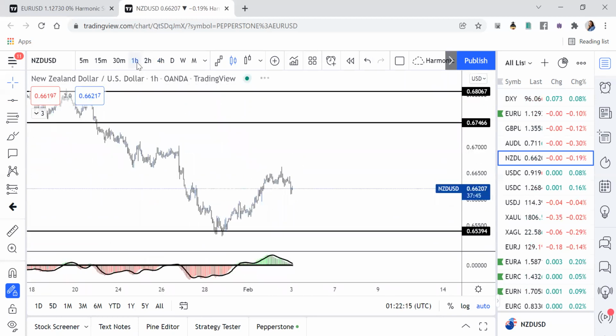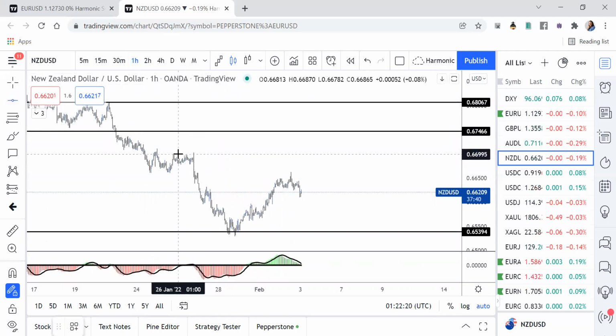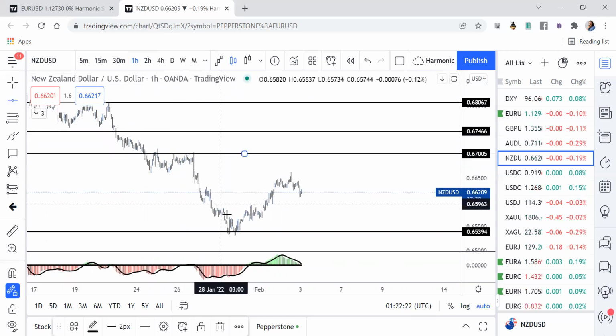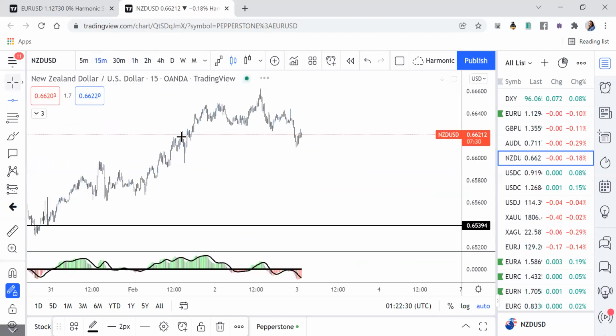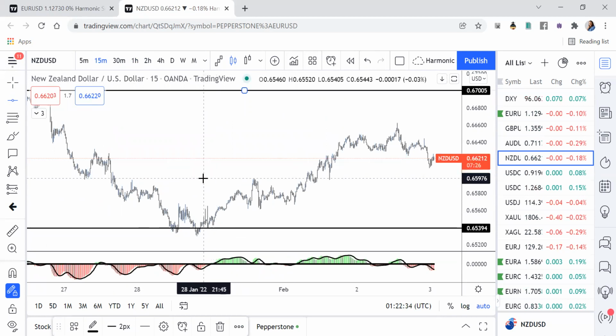1-hour time frame. Right? Can I use this? I could. I have a 1-hour high here, 1-hour low there, but I can't use this to plan a trade right now. So we're gonna scale in again, 15-minute time frame. Okay, now we have some structure that we can use.